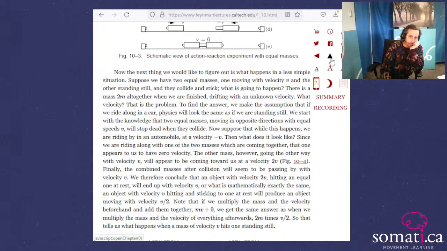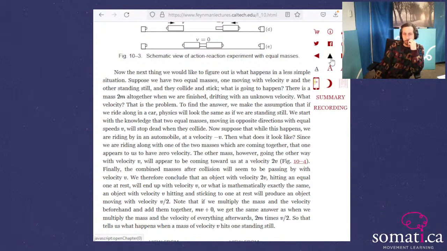Let's do a less simple situation. Excuse me. Two equal masses, one with velocity v and the other standing still, and they collide and stick. What is going to happen? Right.